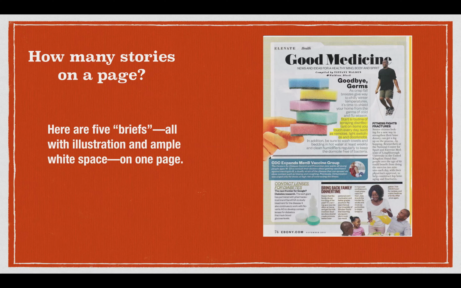Here's another example of being able to put a lot of information on a page. In this case, the overarching thing here, this is a health page, but these are 5 entirely different stories. They're mini briefs, and each one, if you notice, has its own illustration. It's got plenty of white space, so the page doesn't look too crowded.